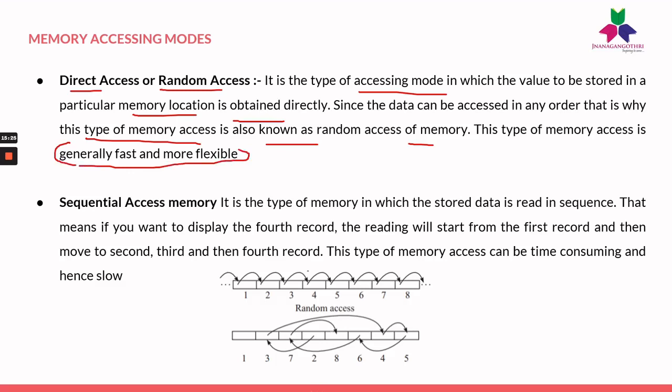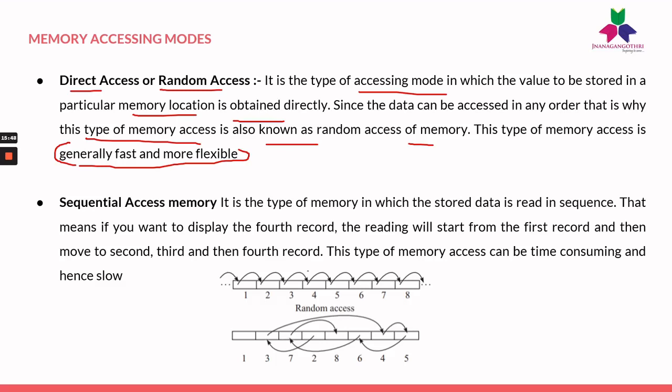Here you can see an image of random access. These are the storage locations, which are numbered 1, 3, 7, 2, 8, 6, 4, 5. Suppose we need to access location 3, it can be directly accessed here. We need not start from 1, then proceed to 2, then to 3.